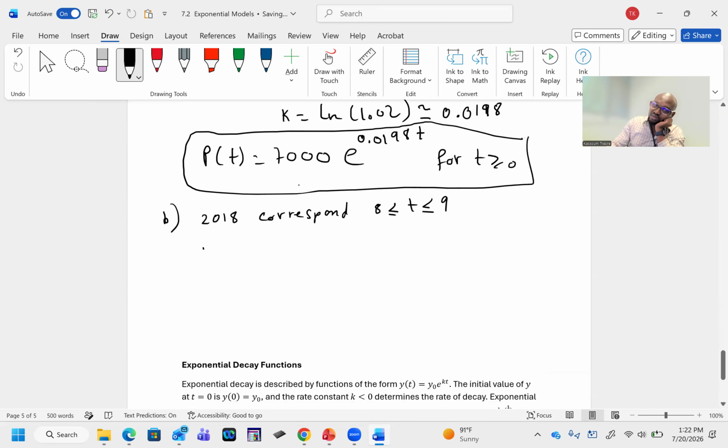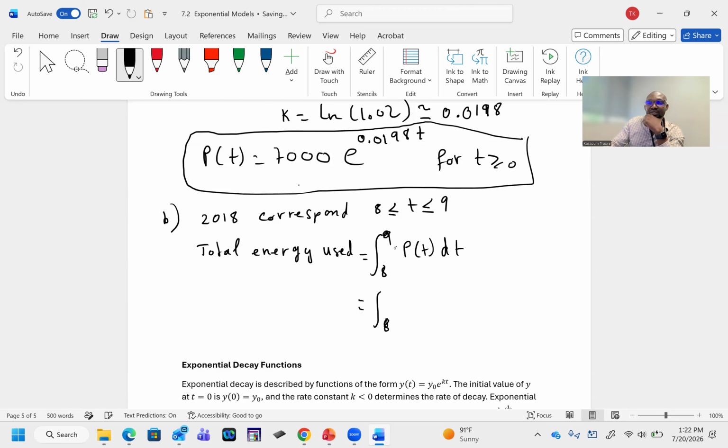We will write the total energy used would be equal to the integral from 8 to 9 of P(t) dt, which would be the integral from 8 to 9 of 7,000 e to the power of 0.0198 t dt.